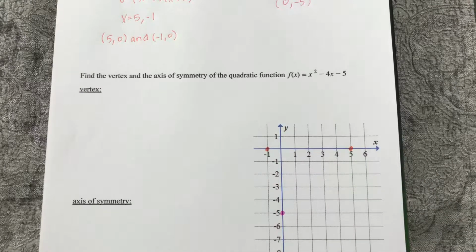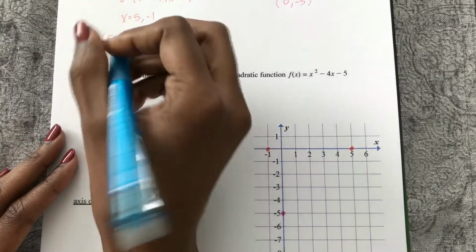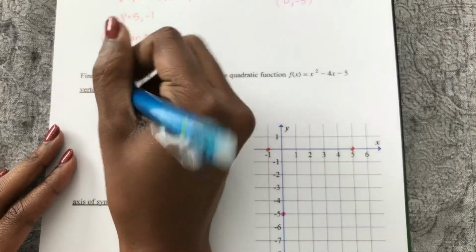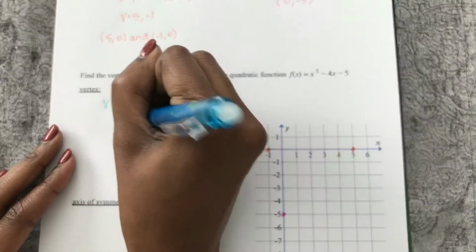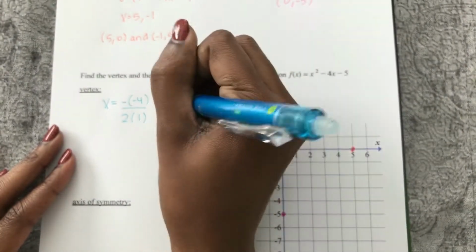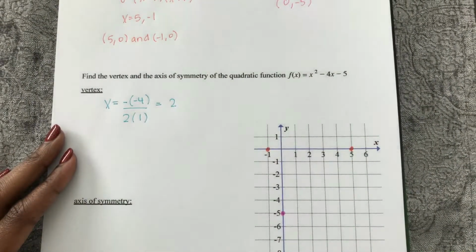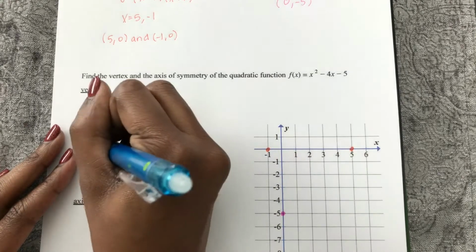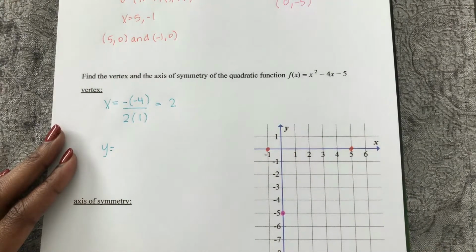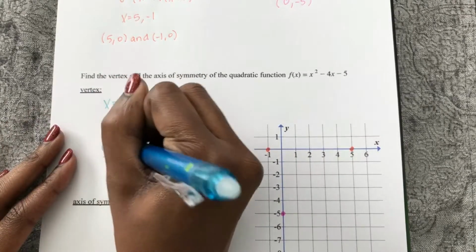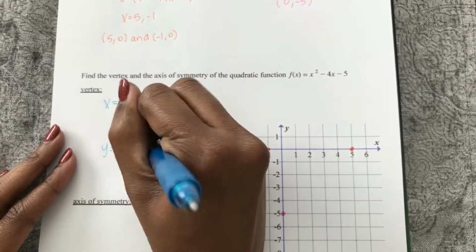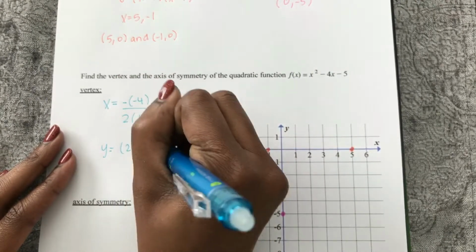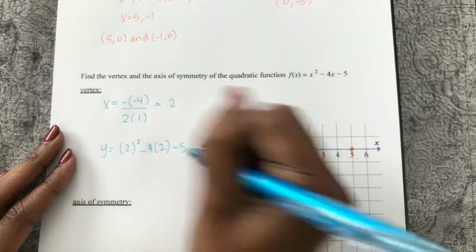So now let's find our vertex. Our vertex is x equals -b over 2a, which is 4 over 2, which is 2. So the y value goes through that point, so that's 2 squared minus 4 times 2 minus 5.